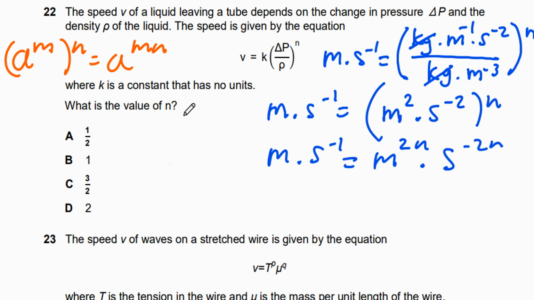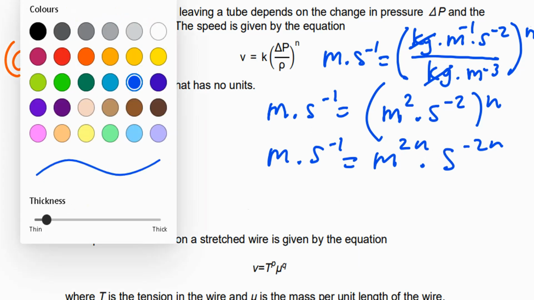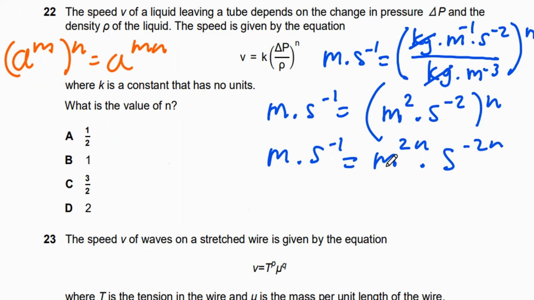Now remember, we need to find the value of n. We have an equation here. On both sides we have an m and an s. Now the powers on the left-hand side must equal the powers on the right-hand side. For example, here on the left-hand side we have m to the power 1.